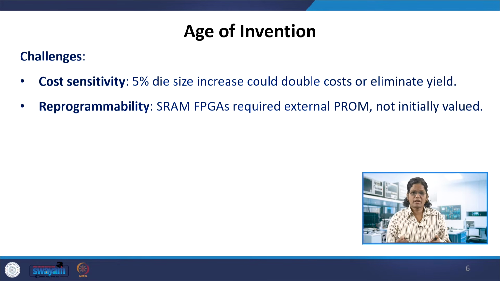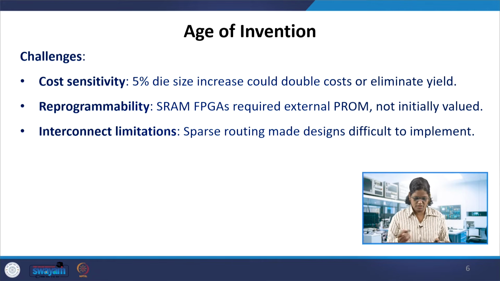Reprogrammability, as I said, the SRAM FPGAs required external PROMs, that is, a second die, because when the power goes off, they want to retain the program. So in that case, they program it using an external PROM. It was also not a valued one in the reprogrammable part in the age of invention.